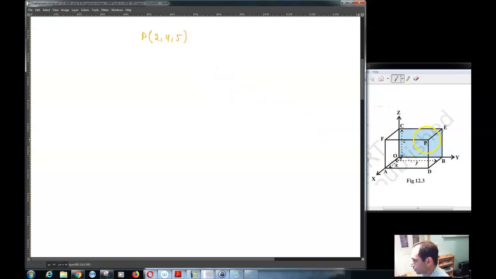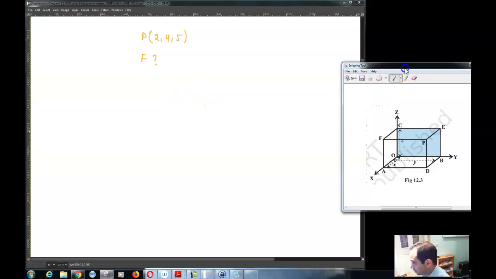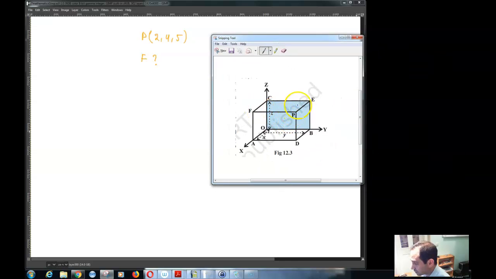Now what are the coordinates of the point F? As you can see, if you compare the height of these two points, you will have the same z over here. So the z coordinate of this point is going to be the same thing, 5.